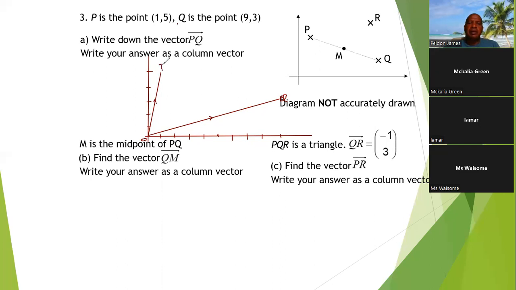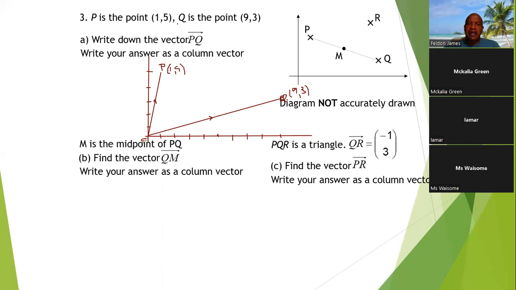So it stops here, right? And if you put in the coordinates, it is 1, 5, and this one would be 9, 3. Now, what you want to find, this is what they asked you to find.